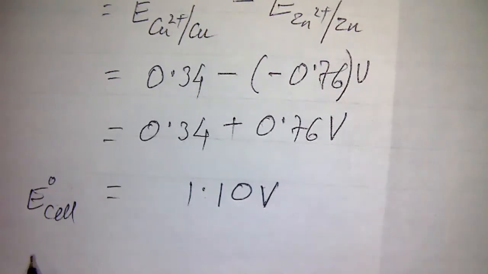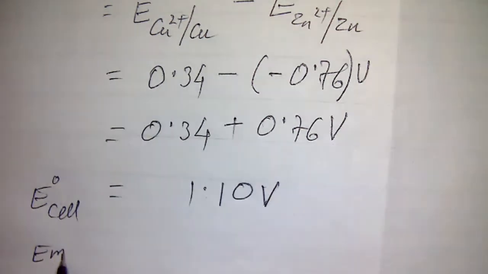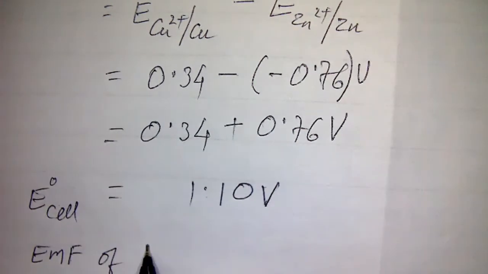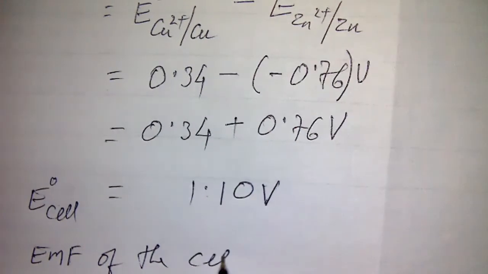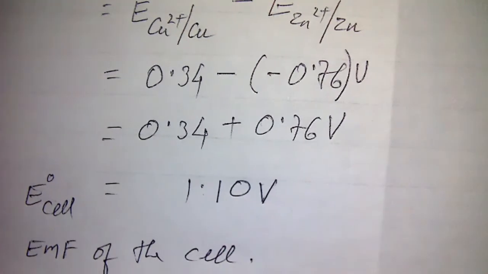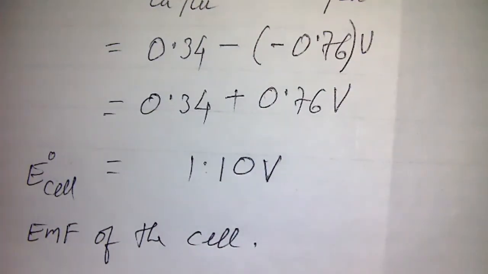This E naught cell is also called the EMF of the cell. So this way you can write down all these things. Understood? Copied, all of you? Hurry up. Let me know when you are done.